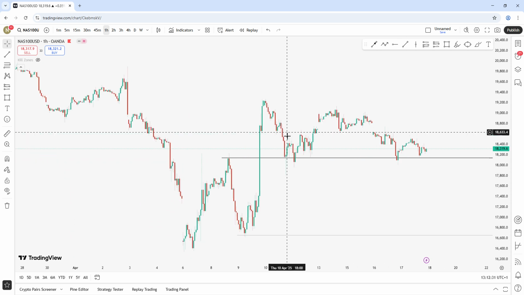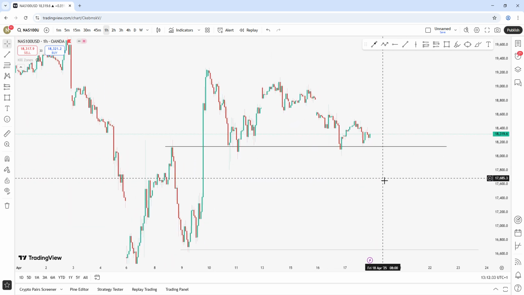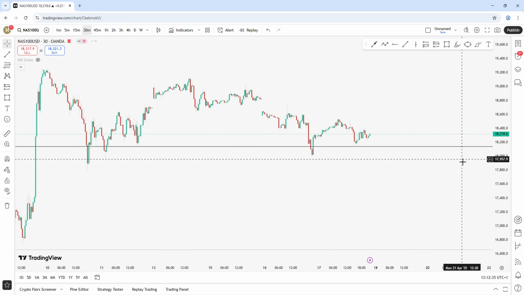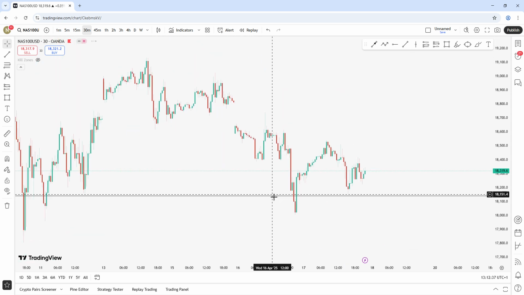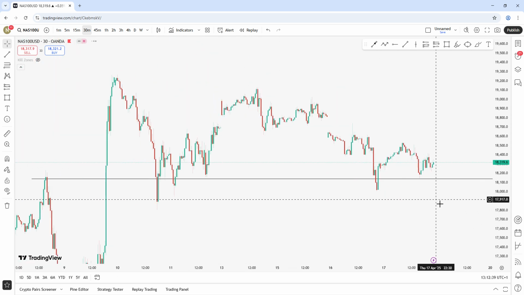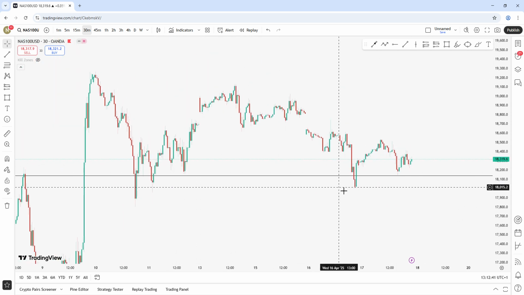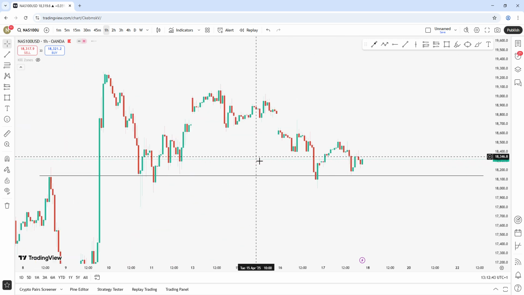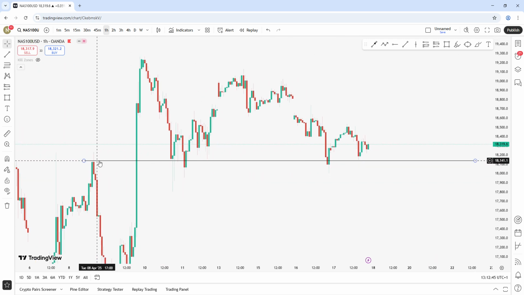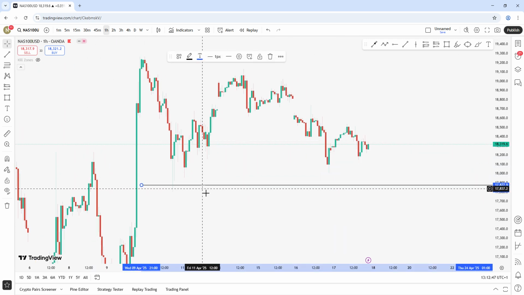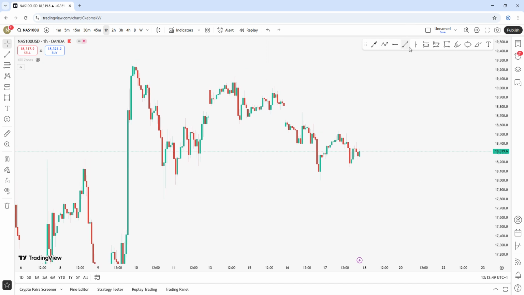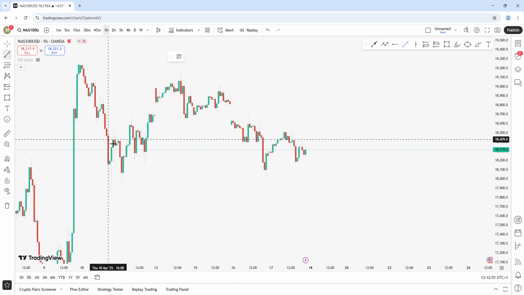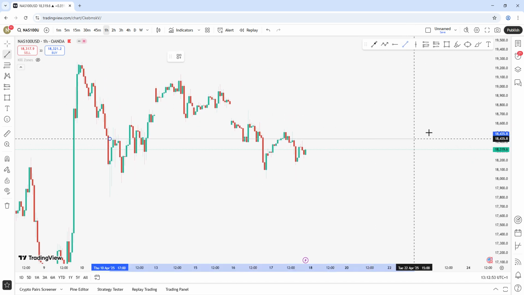The big trend wants to go up if you look at the bigger picture. But if you go on a 30-minute, you can see that... forget this one. Forget that one, okay?